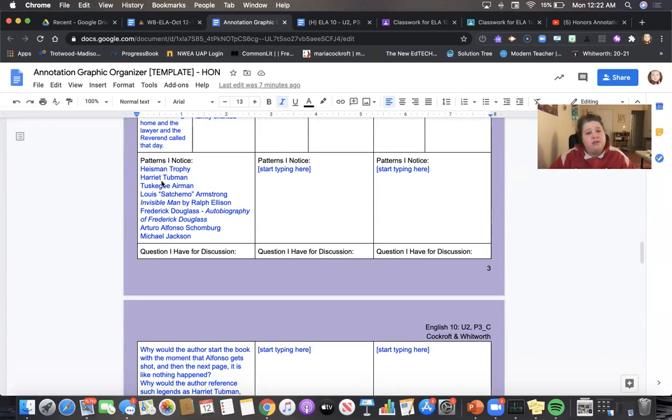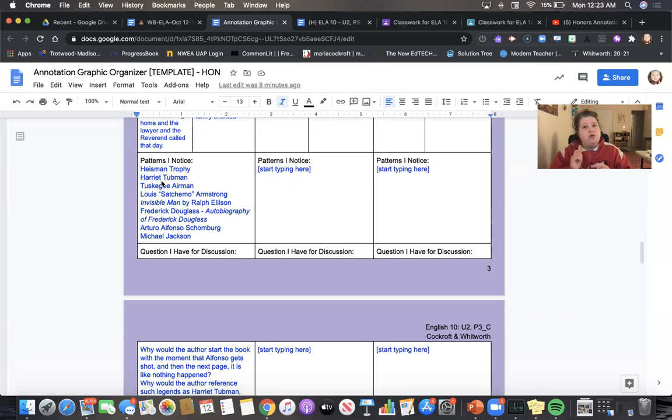What about Harriet Tubman is important to this novel, is important to this message? So again, right now, you're just listing the patterns. Later, we're going to figure out why. But in the back of your mind, I want you to think about that. Why? What about Harriet Tubman? What about Frederick Douglass, right? What about Michael Jackson? Different time periods, but he mentions them.